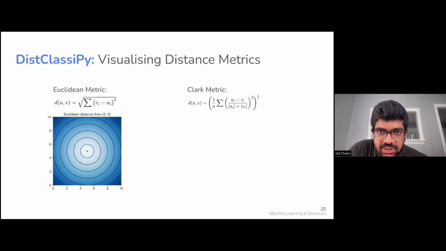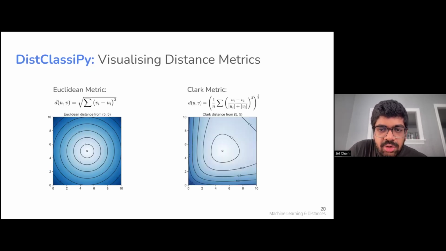In the case of the Canberra distance metric, the visualization looks very different. The loci are still concentric, but they appear to be squished in a way. So essentially you can get a sense of how the choice of the distance metric is warping the space and allowing nonlinear features to be captured.